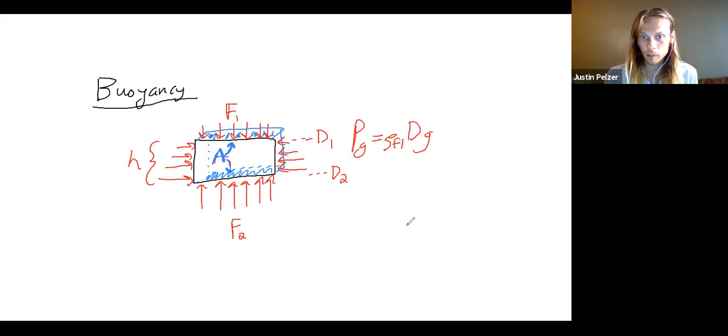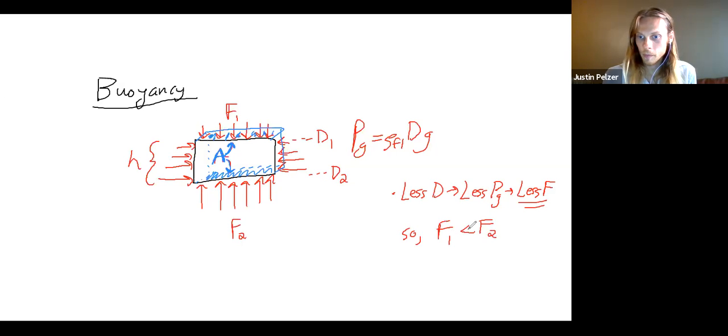That's really important. Less depth implies less pressure, which implies less force because it's the same area. So F1 is less than F2.